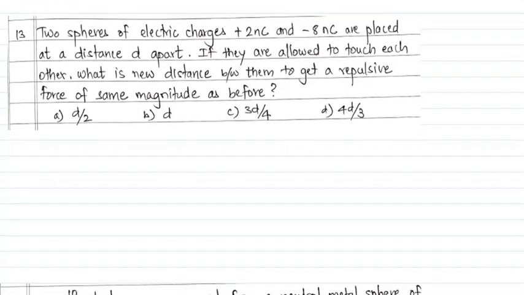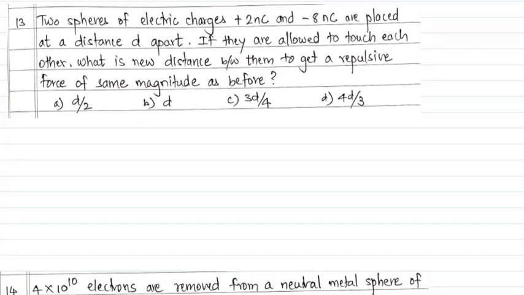Next, 13th one. Two spheres of electric charge plus 2 nanocoulomb and minus 8 nanocoulomb are placed at a distance d apart. So there are two spheres. First sphere is having charge 2 nanocoulomb. Second sphere is having charge minus 8 nanocoulomb.